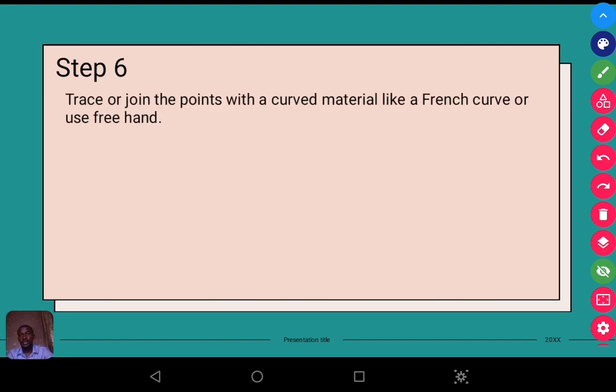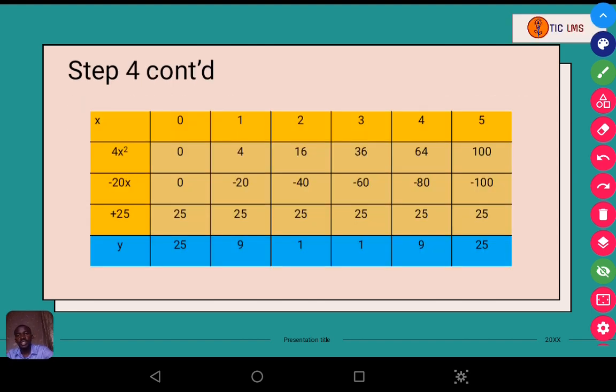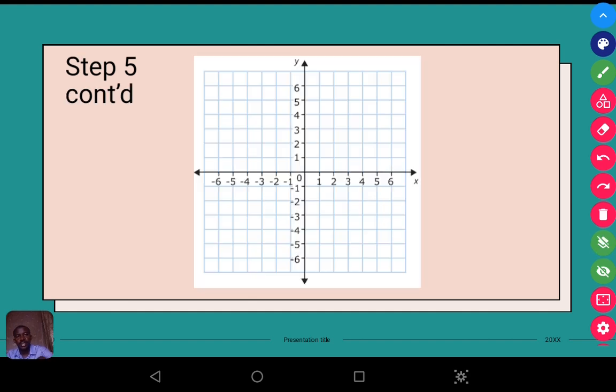Now the next step is to trace or join the points. Now before we do this, like it's written here, when x is 0, y is 25. So what you're going to do is, on your graph, when x is 0, y is 25.